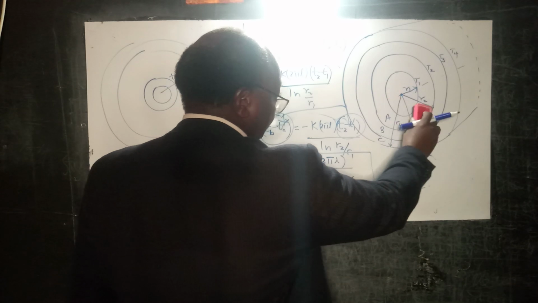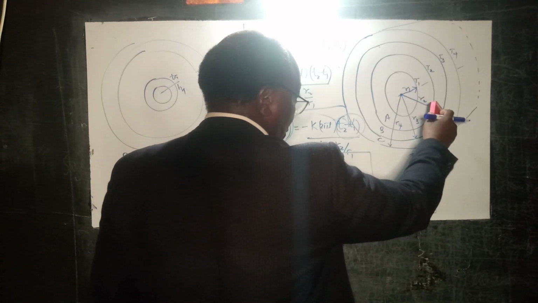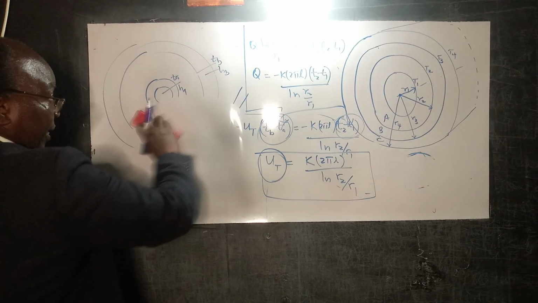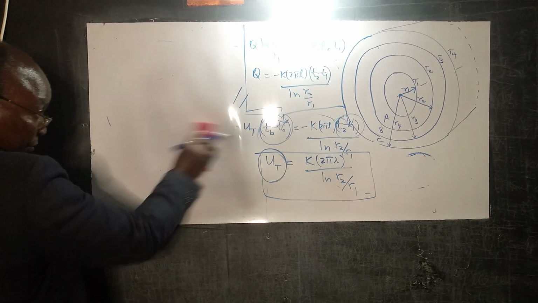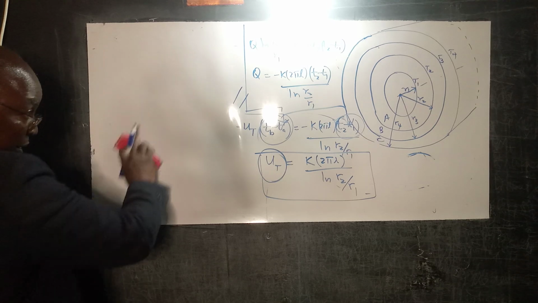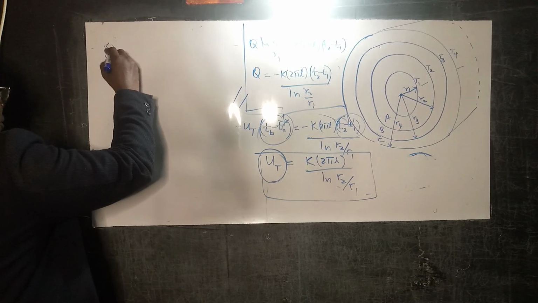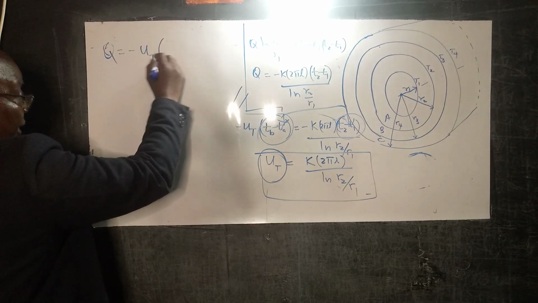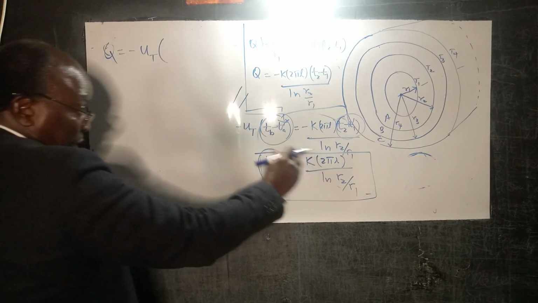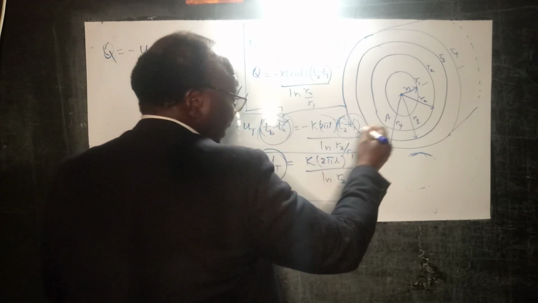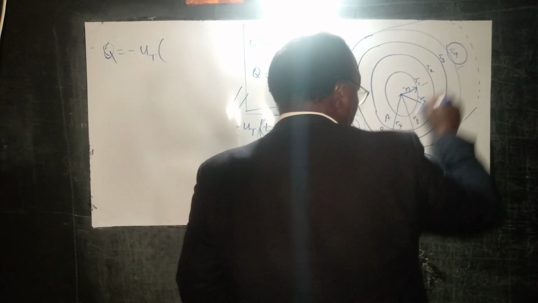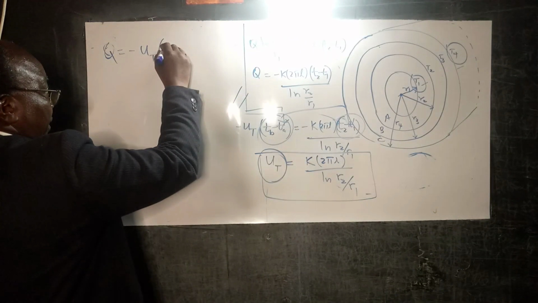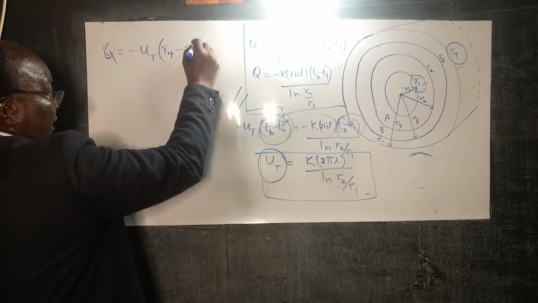So let us now take care of that. Remember, we had said that our Q for the global system was minus UT into TB minus TA. Now, our outer one and the inner one are T1 and T4. So that will be T4 minus T1.